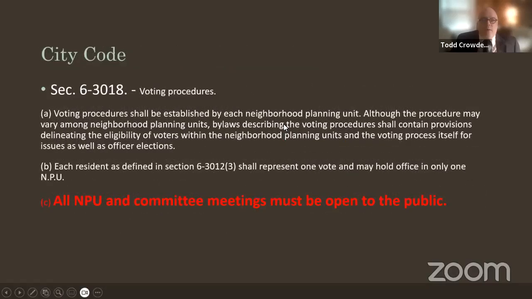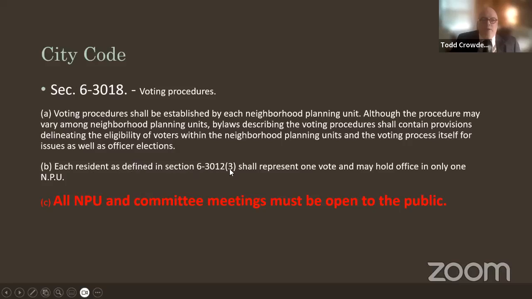Now, here's what I was talking about, your code, and because this supersedes everything, your own rules, your bylaws, you have to obey what's in here regardless. Your voting procedures are established in each neighborhood planning unit. Although the procedure may vary among neighborhood planning units, bylaws describing the voting procedure shall contain provisions delineating the eligibility of voters within the planning units and the voting process itself for issues as well as officer elections.